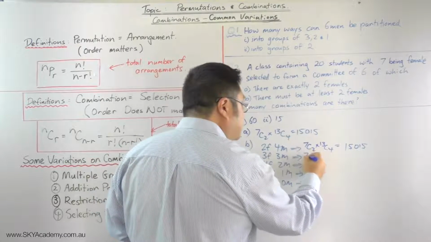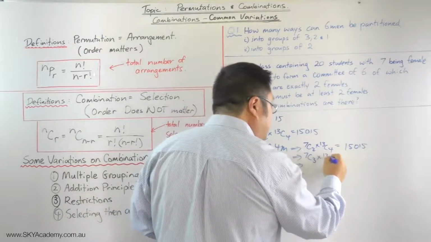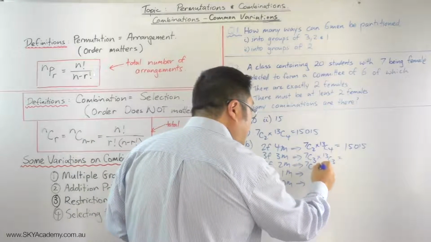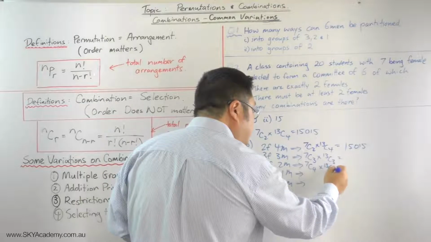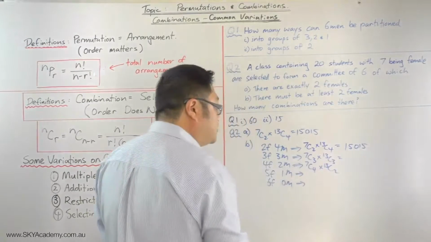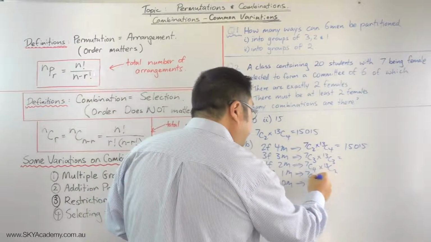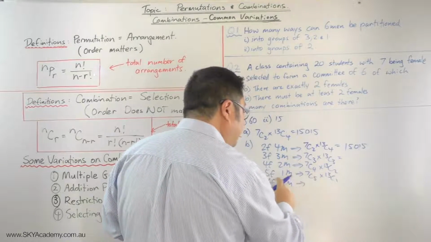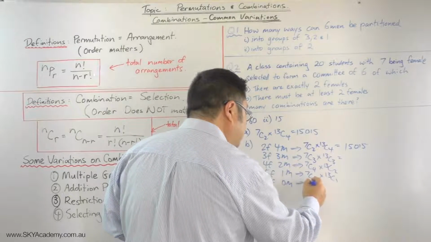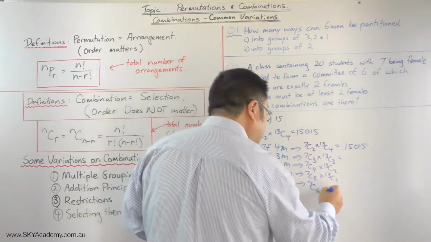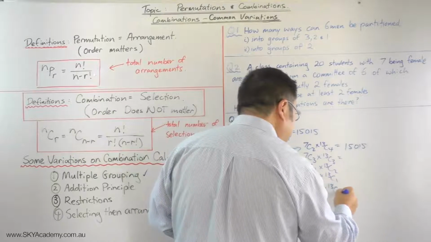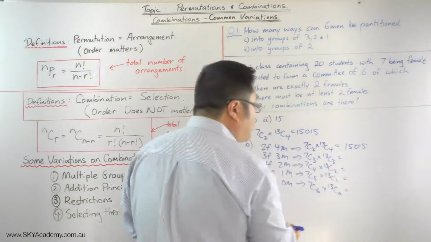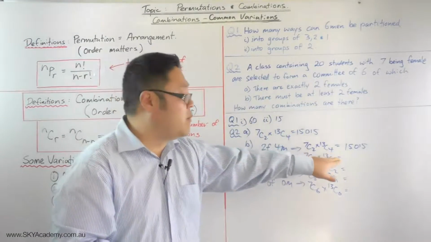This one here is 7 choose 3 times 13 choose 3. 7 choose 4 times 13 choose 2. 7 choose 5 times 13 choose 1, and then 7 choose 6 times 13 choose 0. Now 13 choose 0 is going to be 1. So basically we worked that out.